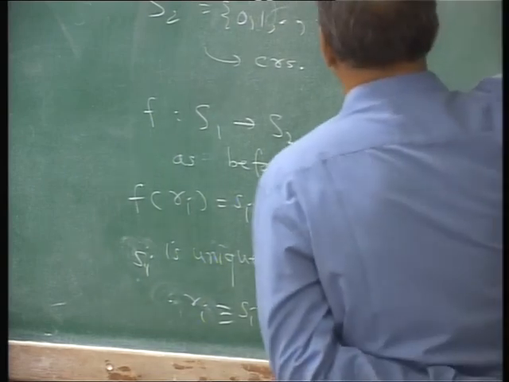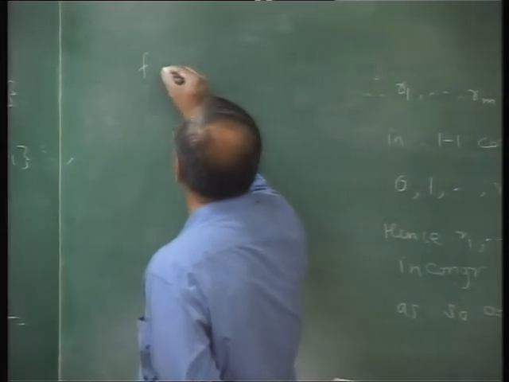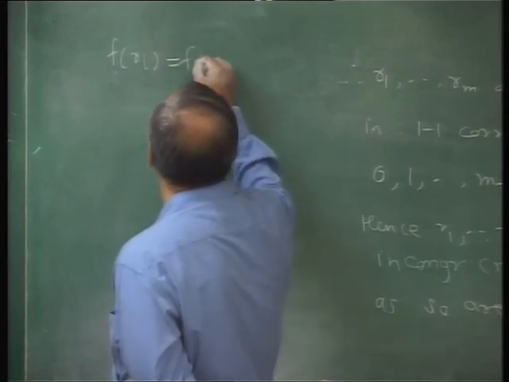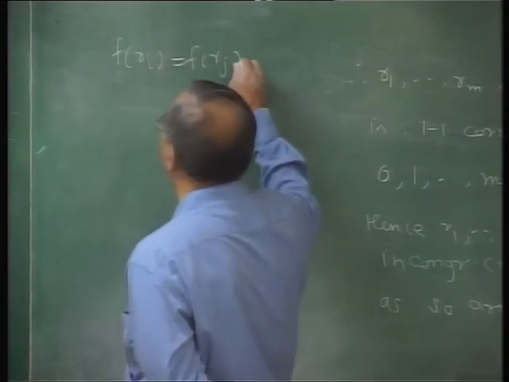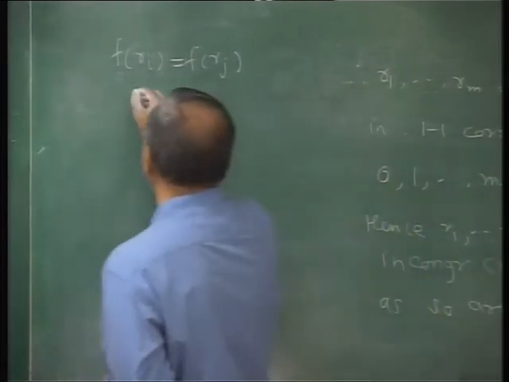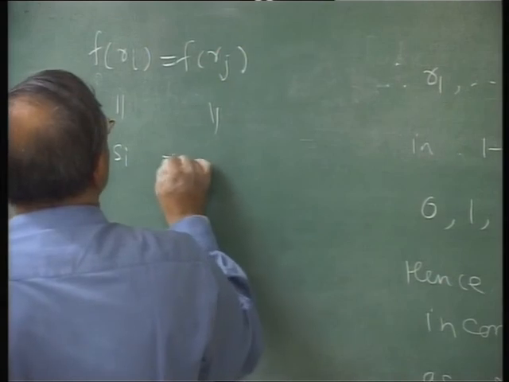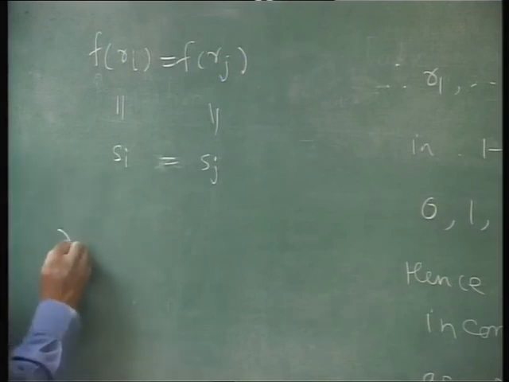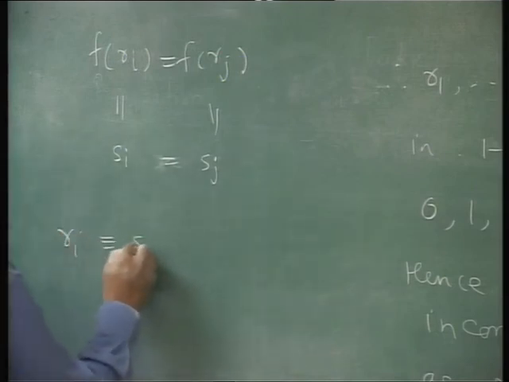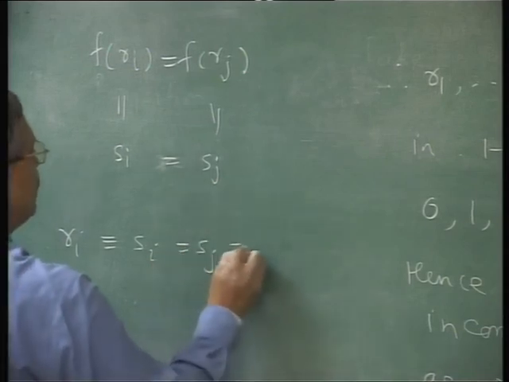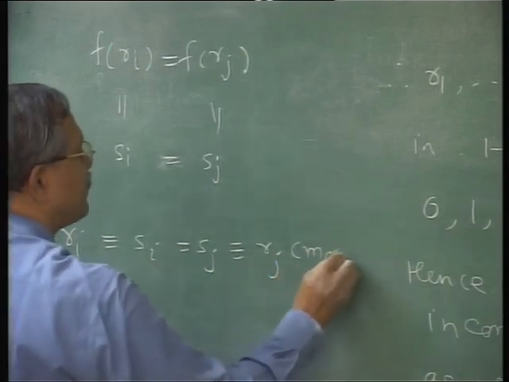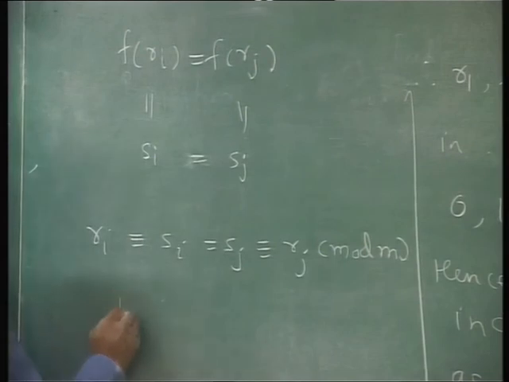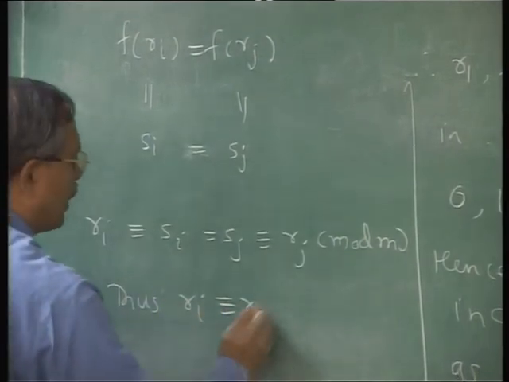Now f is actually 1, 1. Suppose f of Ri equals f of Rj. So this is equal to Si and this is equal to Sj. Now Ri is congruent to Si equal to Sj, which is congruent to Rj mod m. Thus Ri is congruent to Rj mod m.